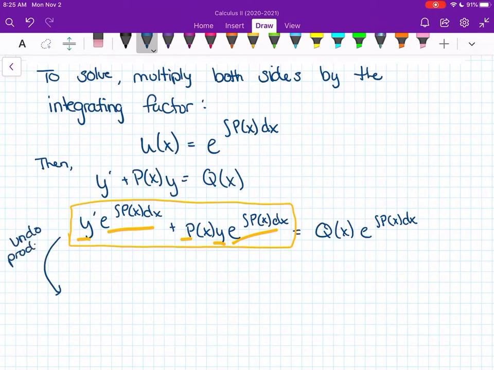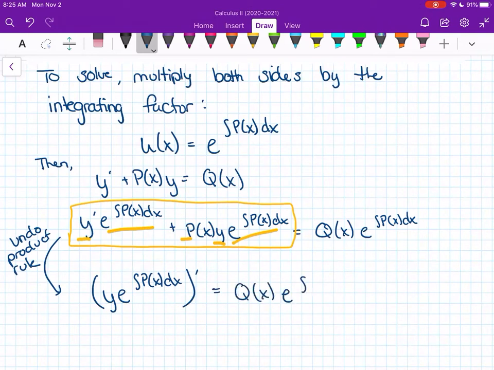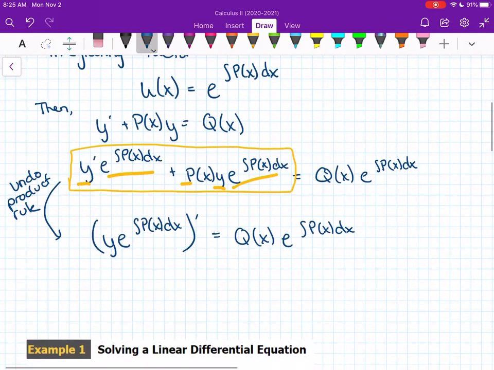Product rule, okay? So if I undo the product rule, I really just have the derivative of y times e to the integral of p of x dx. And then my other side is q of x times e to the integral of p of x dx.